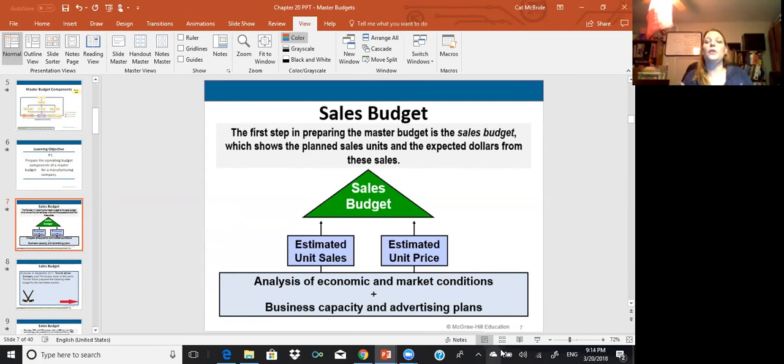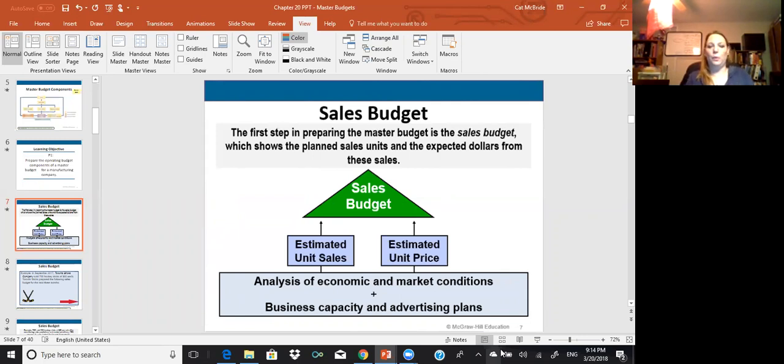Let's take a university, because you're familiar with how the university works. You've got maybe your nursing program, and you've got your business program, and you've got your education program. Each one of those would have separate budgets, and it would all roll up in the sales budget. Each department, like the business program, would be figuring out how many students they were going to get, and how many dollars will come in per student.